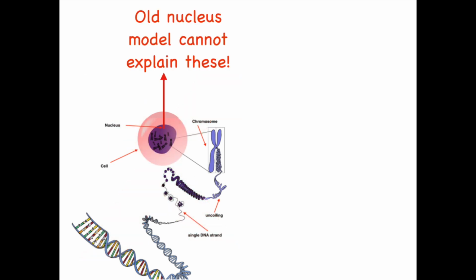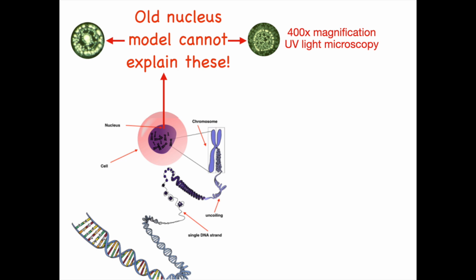This whole nucleus model cannot explain evidence, real evidence, of what I have seen under a light microscope. And let me show you what I'm talking about. Those little cutouts there that are green and yellow colored, those are what you find when I treat nuclei a certain way, a nucleus, as it says on the right. It's under 400x magnification using a UV light microscopy with dyes that stain DNA yellow.